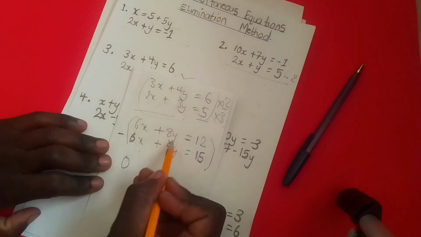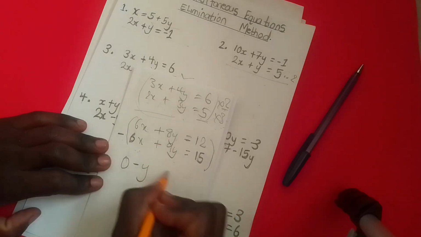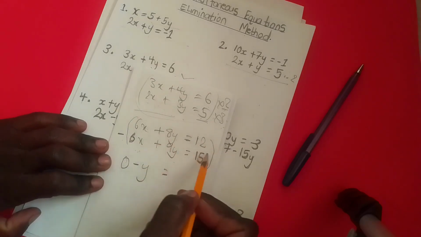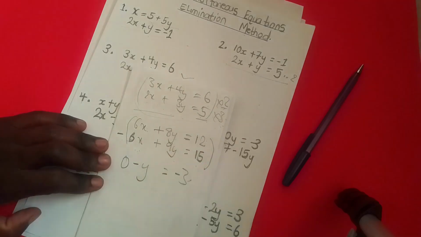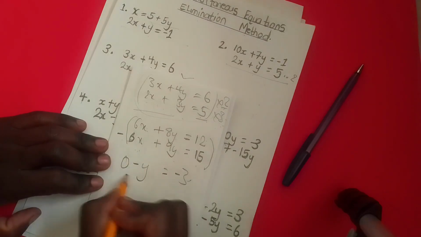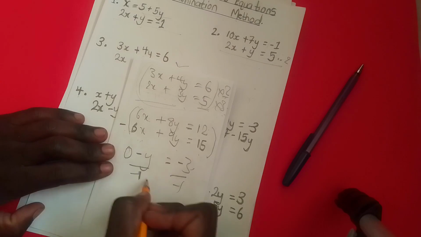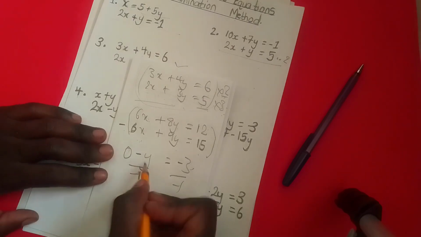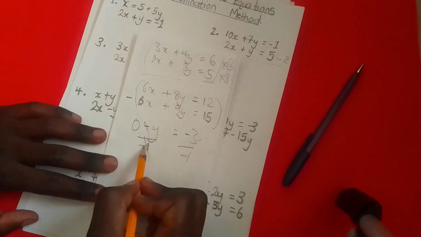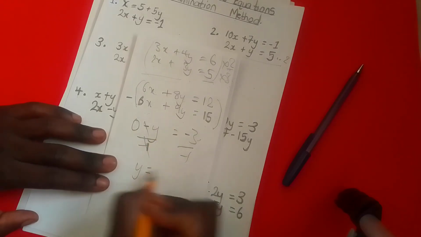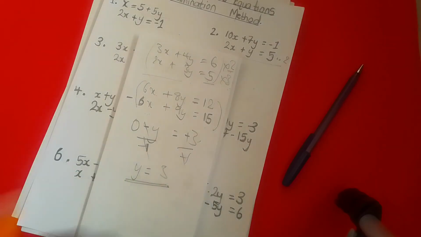Then 8y minus 9y is negative y, equal to 12 minus 15, which is negative 3. Divide by negative 1 to eliminate the negative in the variable. Negative divided by negative is positive, so y is equal to positive 3. You're done.